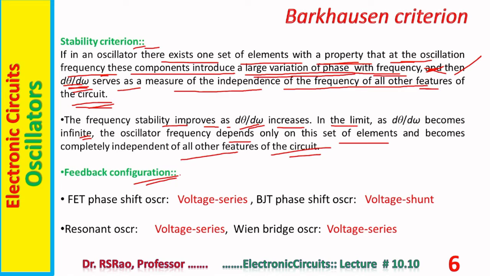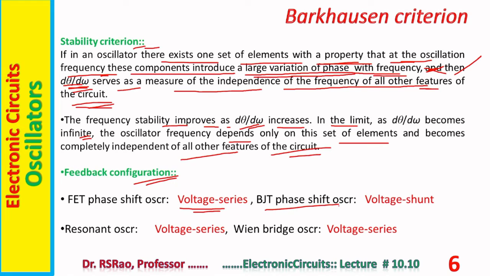Now, we are aware that all oscillators are feedback amplifiers. In feedback amplifiers, two different types of sampling are possible, and two different types of mixing are possible. In FET phase shift oscillators, voltage series feedback is used.